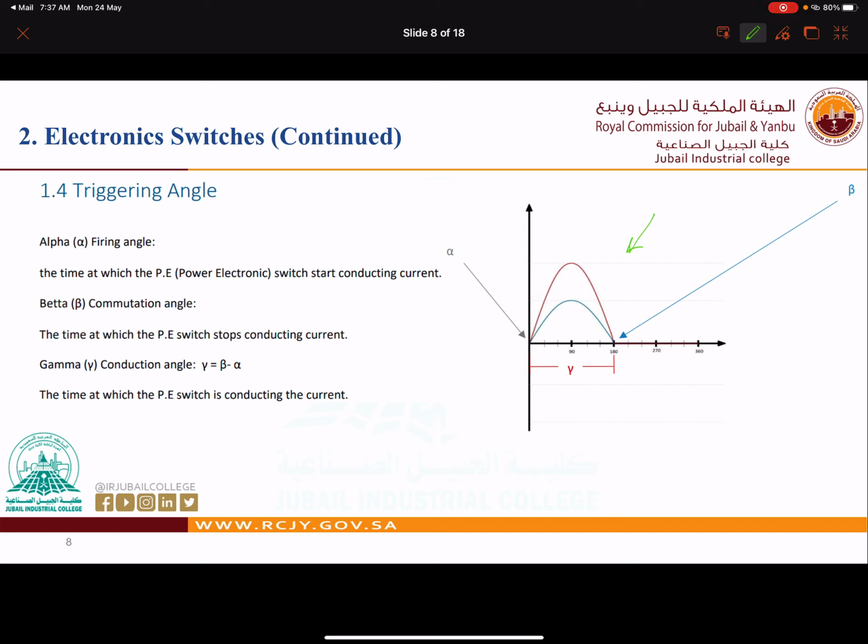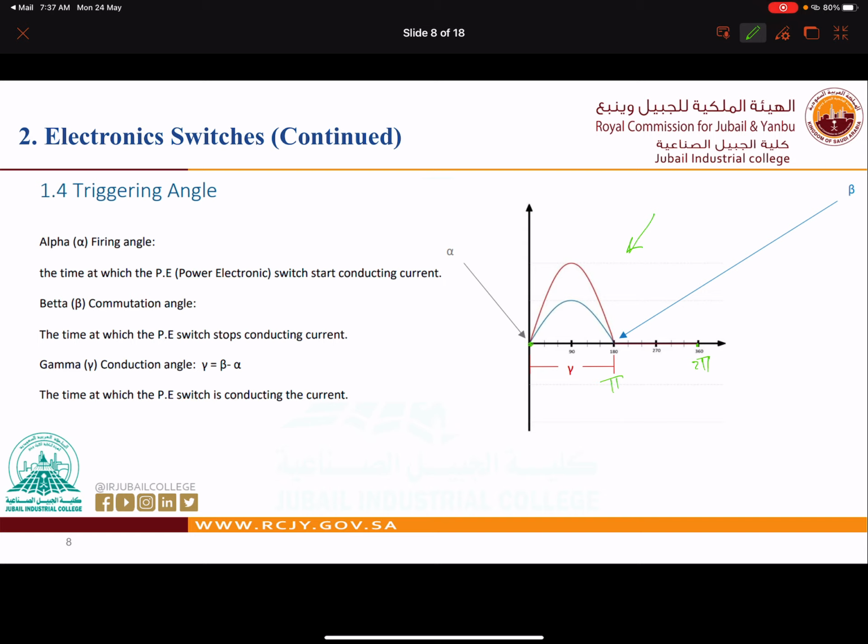This is half of the cycle, because a cycle starts from 0 and ends at 2 pi, right? And this is 180, which is pi.